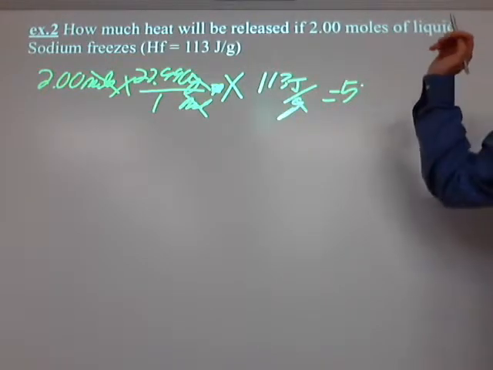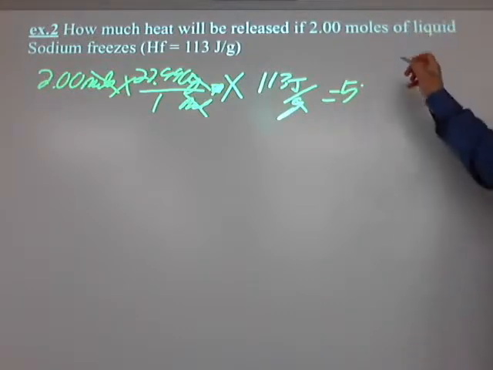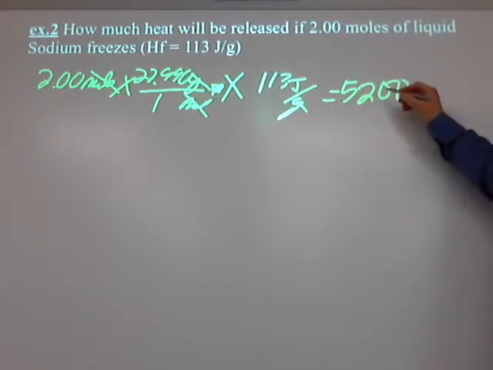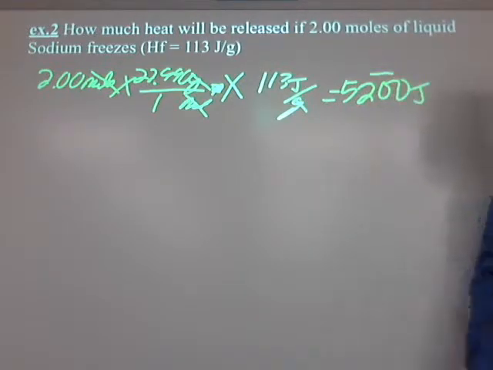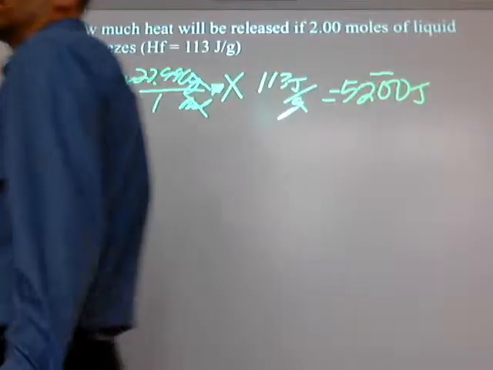Should it be one more significant figure? No, it rounds. So 5,200 joules. Would the bar be over that? Sure, just because that would be 1, 2, 3 significant figures. Not a big deal.